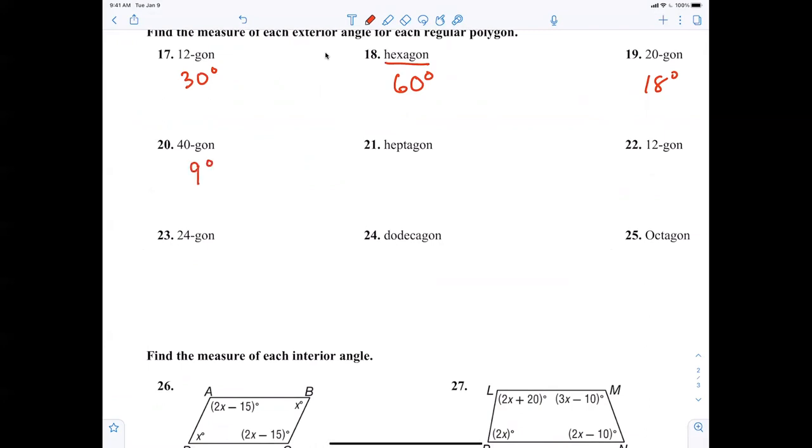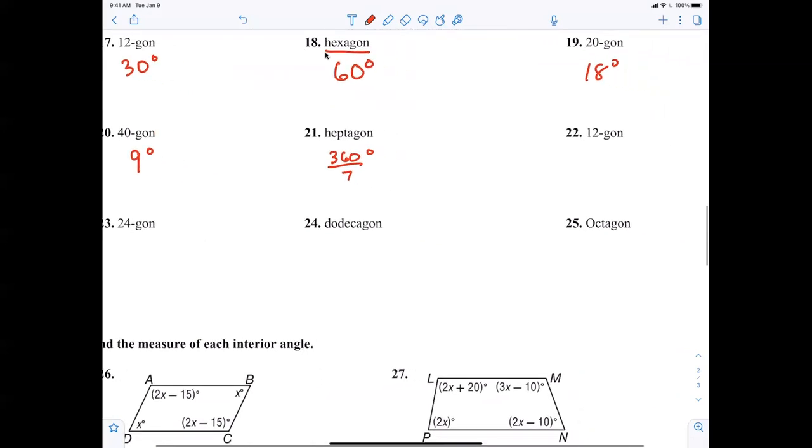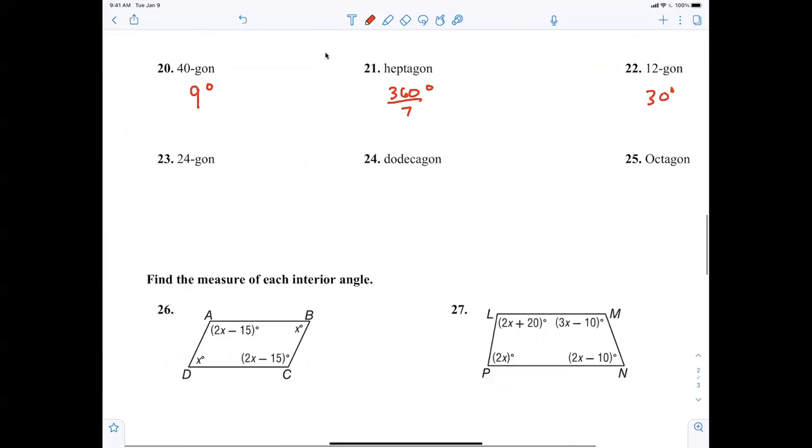Uh-oh, heptagon. Who remembers what a heptagon is? 7 sides, right? Does that divide evenly? So 360 divided by 7 degrees. If you want to say 51 and 2/7, I don't care, but I prefer 360 divided by 7. What about a 12-gon? 30 degrees. A 24-gon? 15.